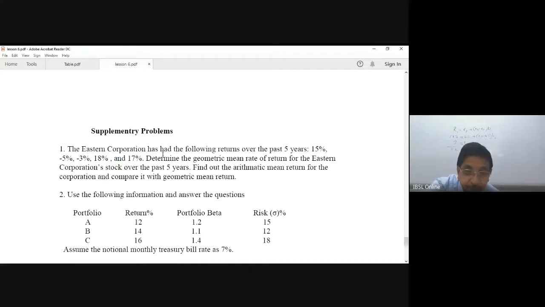Yes, this is a very straightforward one, because you got the 5-year returns: 15, minus 5, minus 3, 18, and 17. So it will be the multiplication of all these 5 rates, and you need to get the 5th root of that, minus 1.